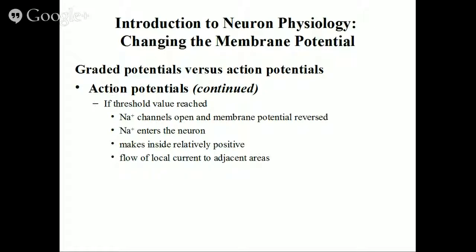Now the membrane potential is going to be reversed. It's going to go from really negative to really positive, and sodium enters the neuron and makes the inside relatively positive, and then there's a flow of local current to the adjacent areas.